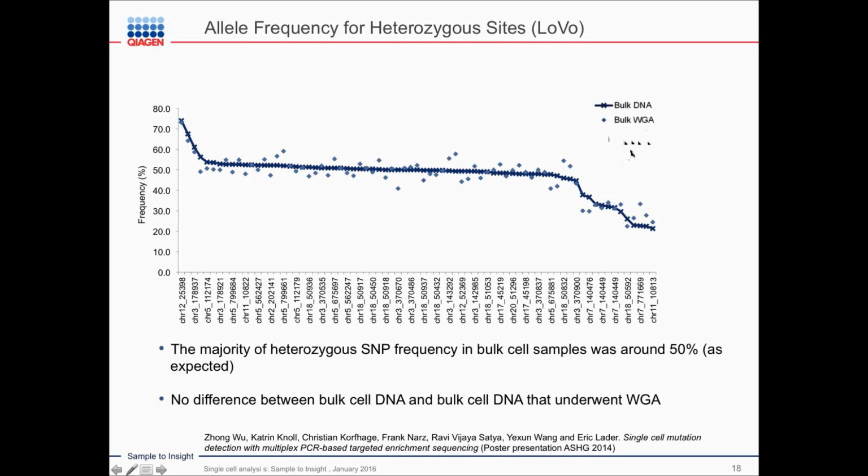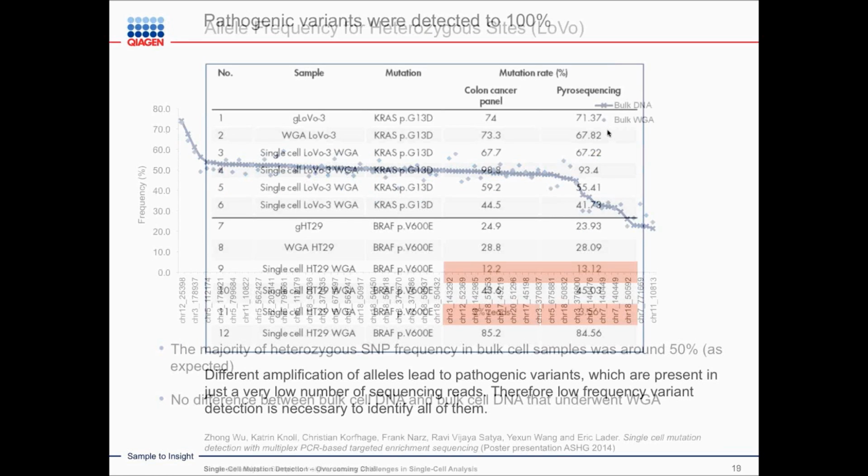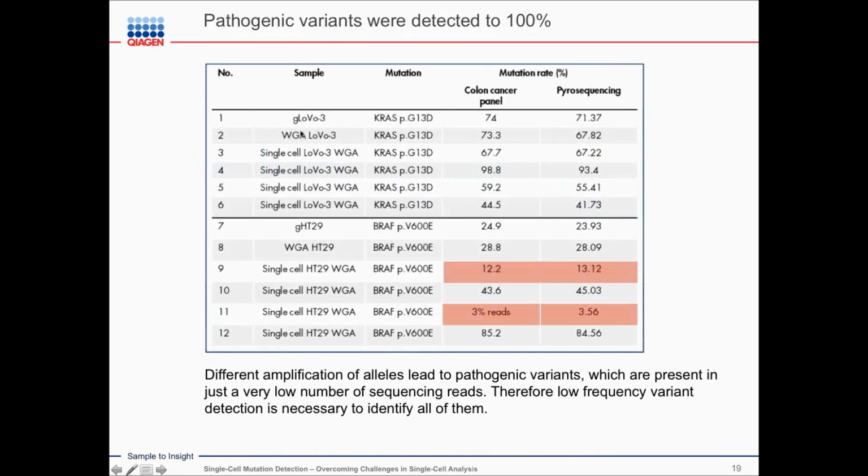And so here we are looking at, again, each of these individual cells. Here's the bulk and the whole genome amplification for the bulk, and the 3 individual cells for the LoVo, as well as the same below for HT29. And here we're looking at the KRAS G13D mutation, and here we're looking at a BRAF mutation.